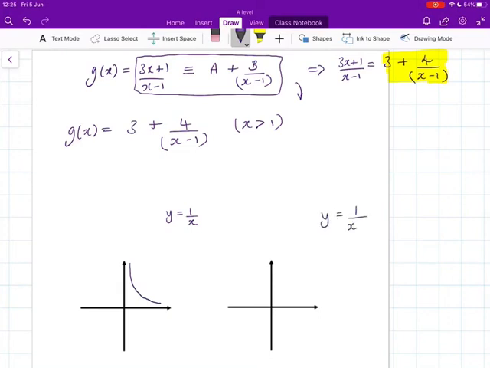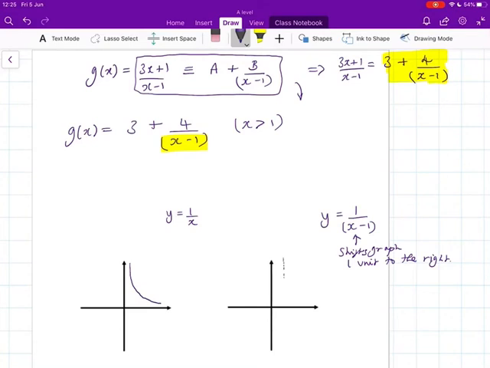Then we think, what does the graph y equals 1 over x minus 1 look like? Because look at what we're trying to achieve at the end: something that's over x minus 1. So that shifts our graph 1 unit to the right.